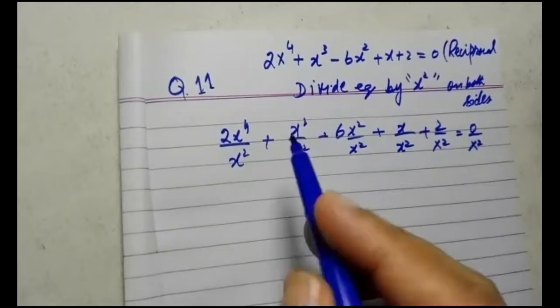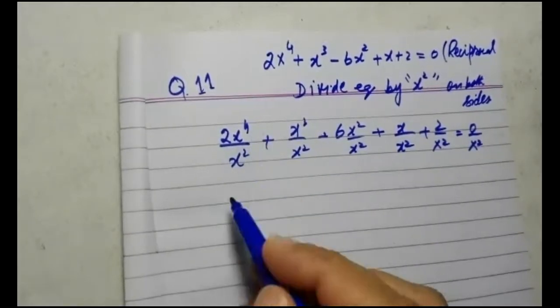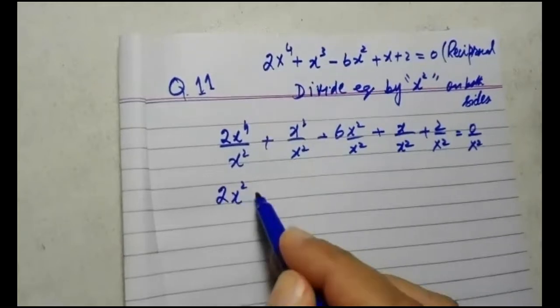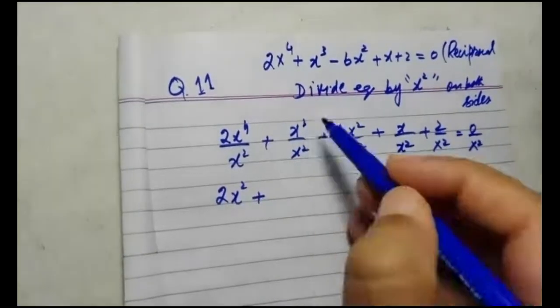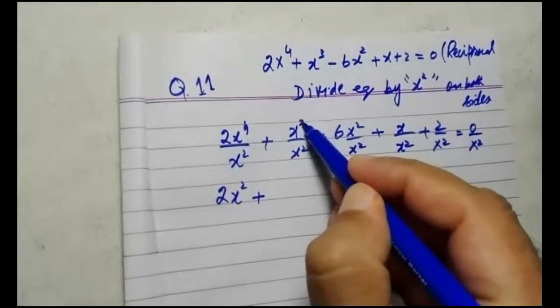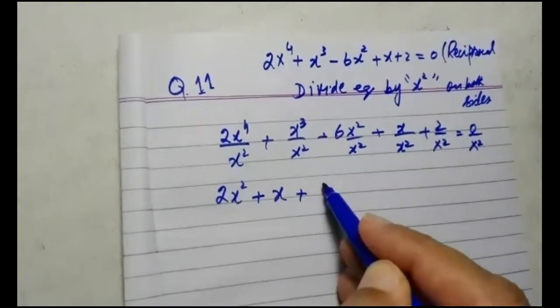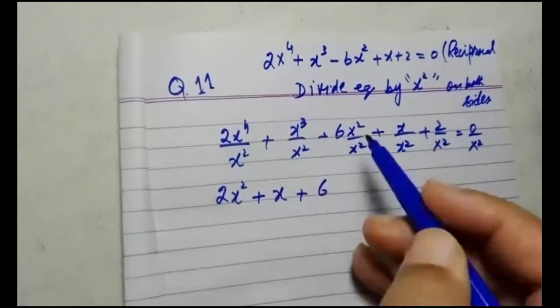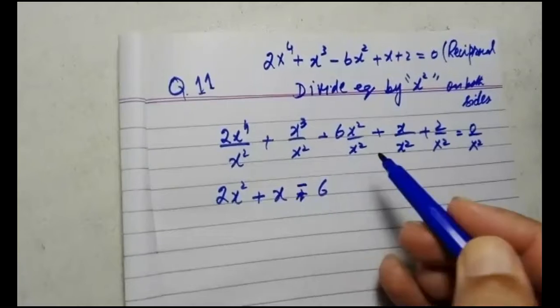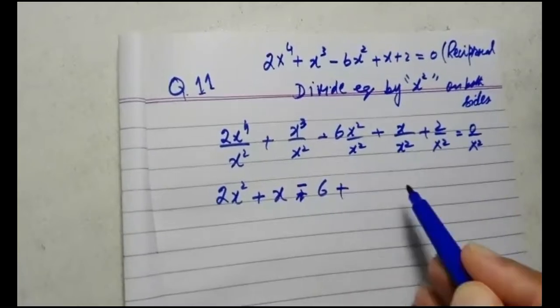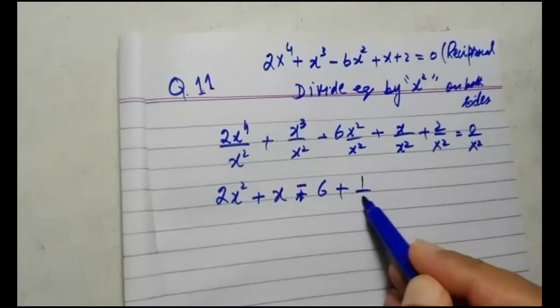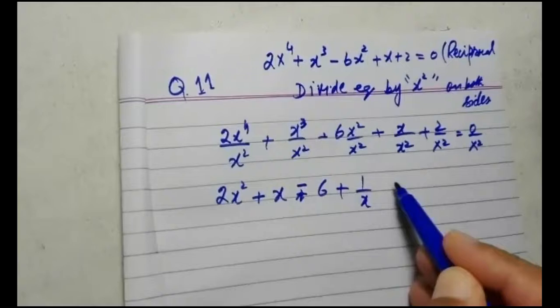Now let's see what the effect will be. After the cancellation, you will get 2x square. This is x cubed, so you will get x from here. Only 6 from here, minus 6 plus 1 over x and 2 over x square. This will be equal to 0.